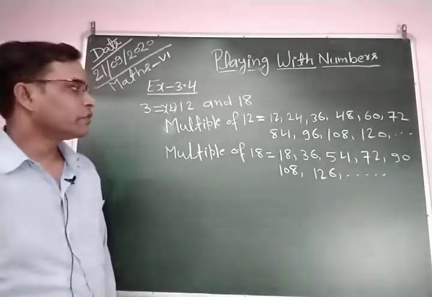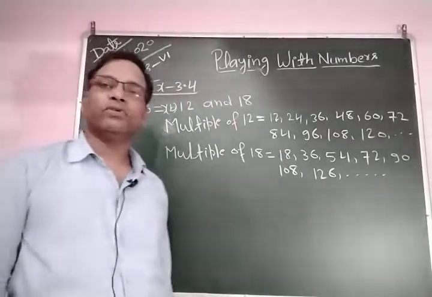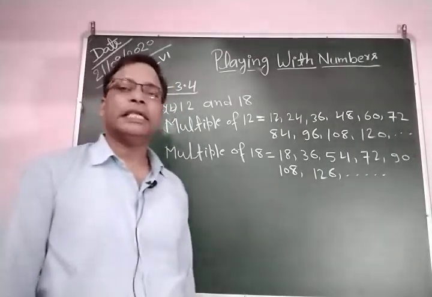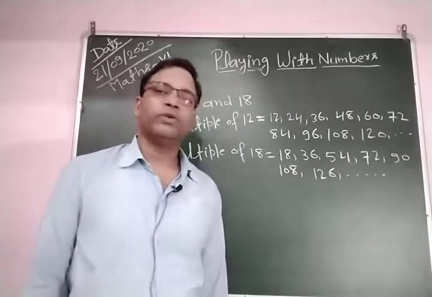Okay. So in this way you can see the multiples of 18 are 18, 36, 54, 72, 90, 108, and 126.